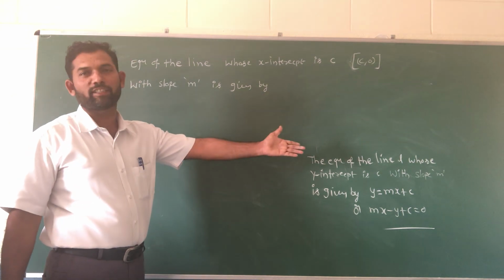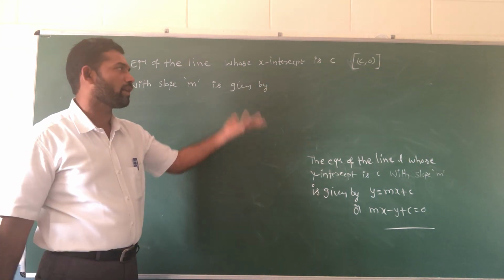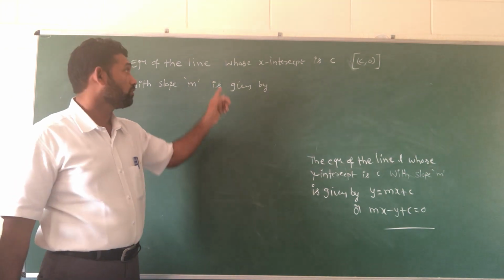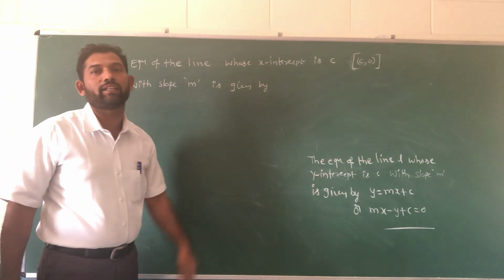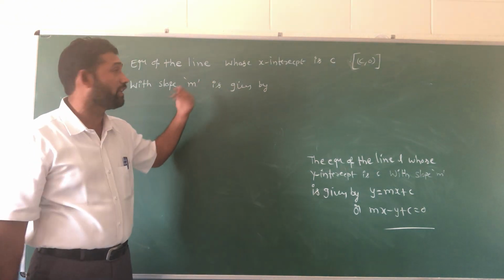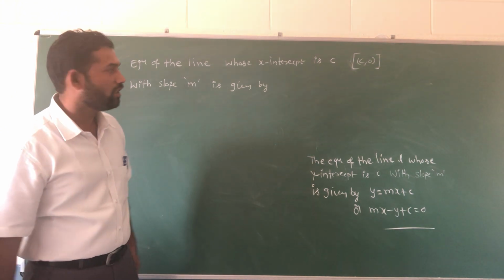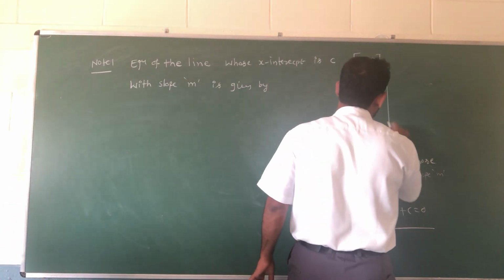So the x-intercept is c means the line cuts the x-axis, and the slope is also given, m. So what is the equation? The diagram should be like this.